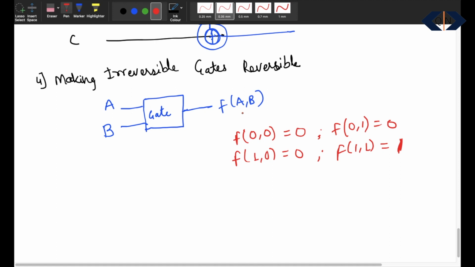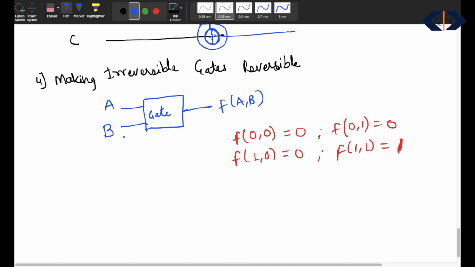So how can we make this irreversible gate a reversible gate? We will introduce a third input C, where we will XOR this gate.